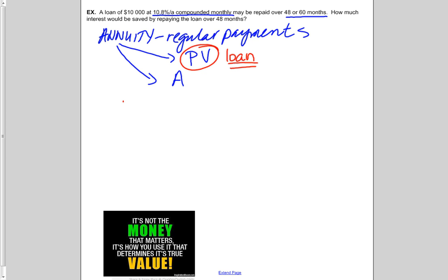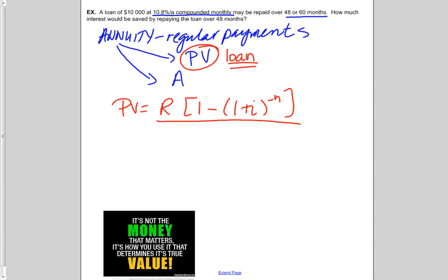So our formula would be, and you know that I look this up every time just to make sure I get it right because they're so close. So the loan is $10,000. The regular payment is what we want to know.